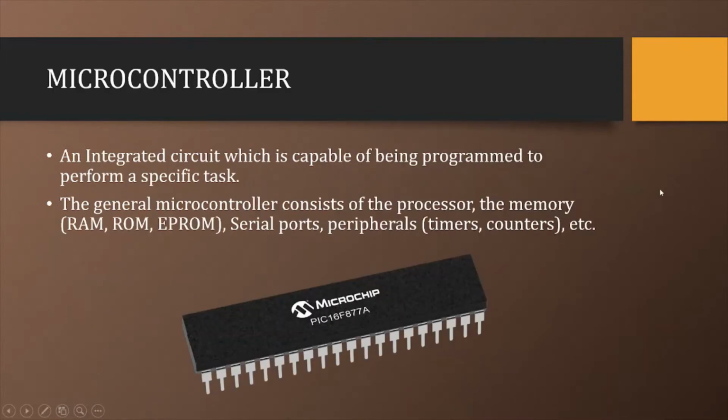A microcontroller can be defined as an integrated circuit which is capable of being programmed to perform a specific task. A general microcontroller consists of the processor, the memory unit, serial ports, peripherals such as timers and counters, and many more. The microcontroller which I have used in this project is PIC16F877A.